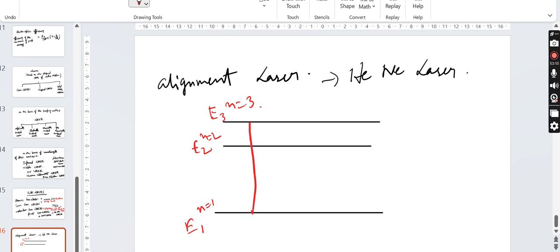Form the atom from ground level to level 3. Then the lasing action happens here between E3 and E2, and this is the thermal energy.